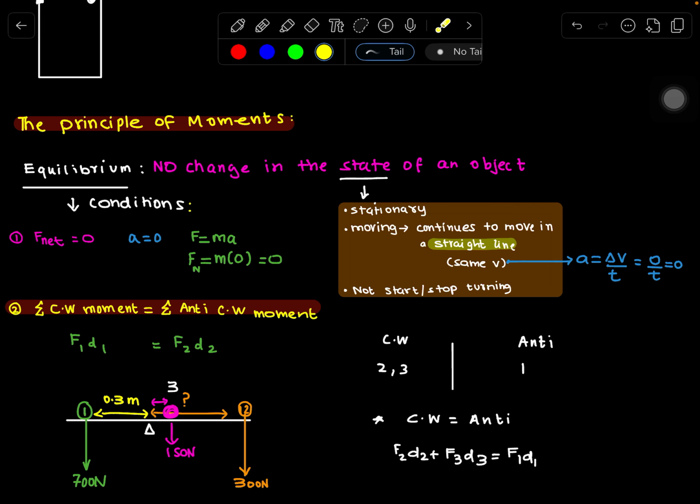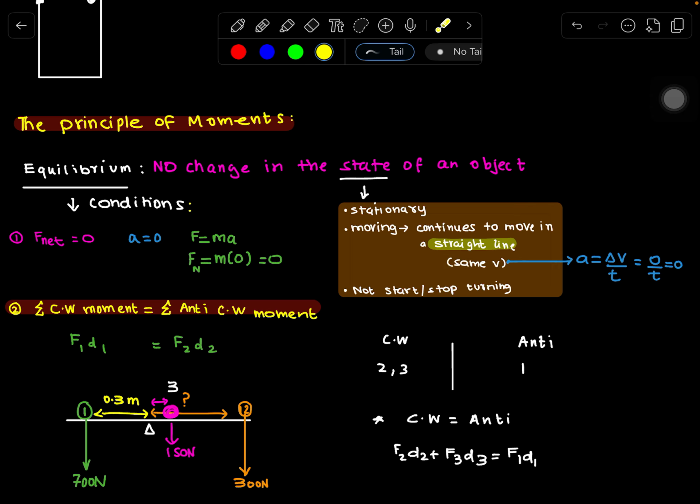Of course, time is going on, time won't be zero, so the numerator, change in velocity, has to be zero. So we learn that when net force is zero, your acceleration is zero, therefore your change in velocity is zero. That means velocity is constant.